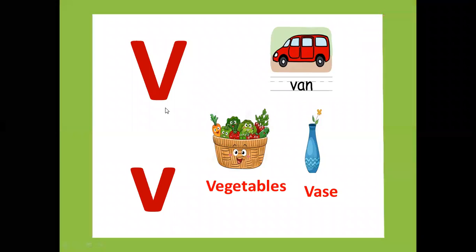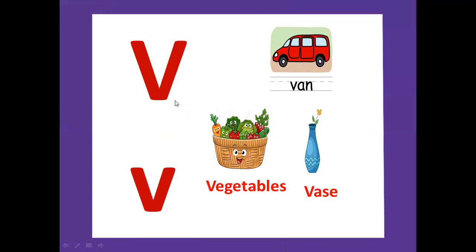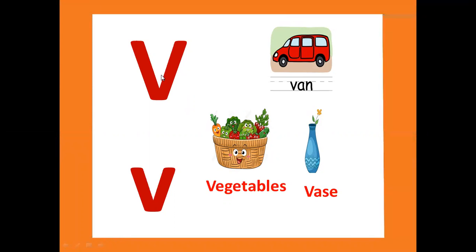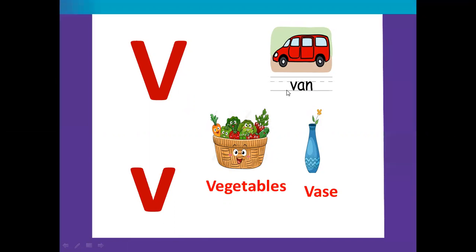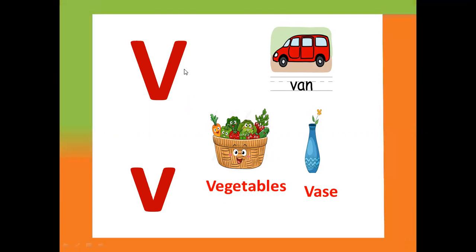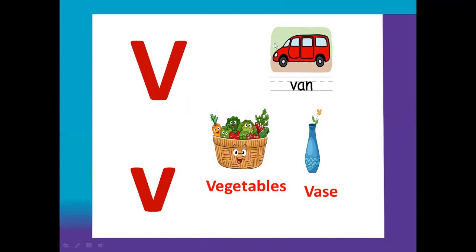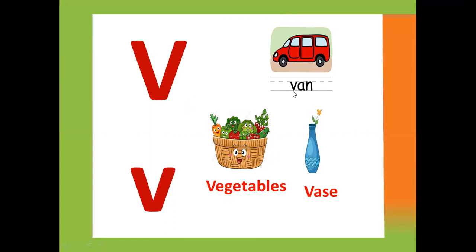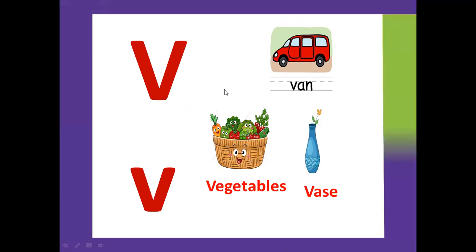Now we are going to learn the words that start with the letter V. Okay? The words that have first letter V. Vain. V is for vain. V-A-I-N, vain.